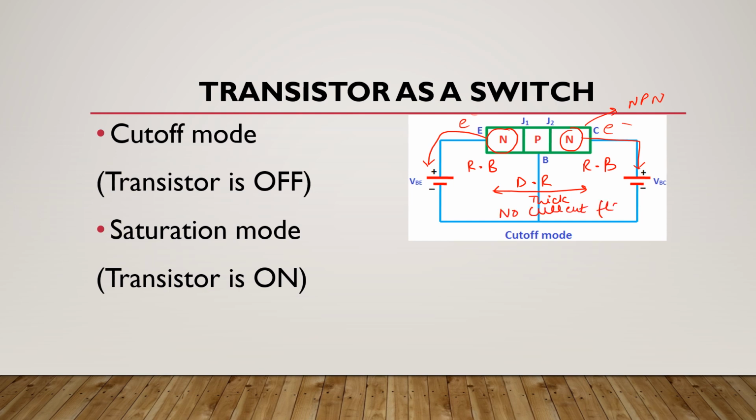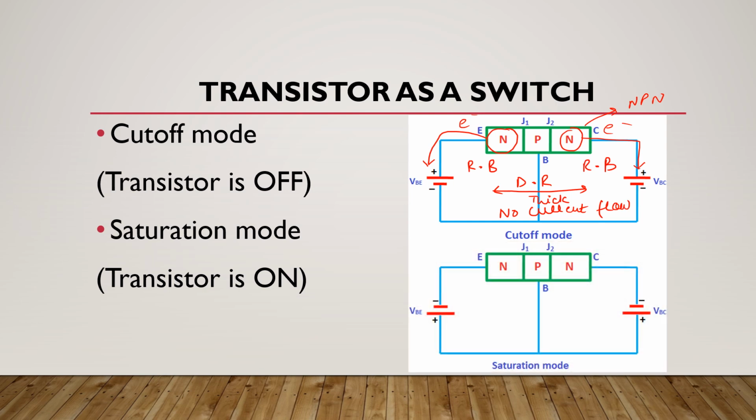Okay, now look at this circuit. As you can see here, this N-type material is connected to the negative terminal of the battery. Similarly, in the collector region, this N-type material is also connected to the negative terminal of the battery. It means in this case there will be repulsion because we know that like charges repel each other.